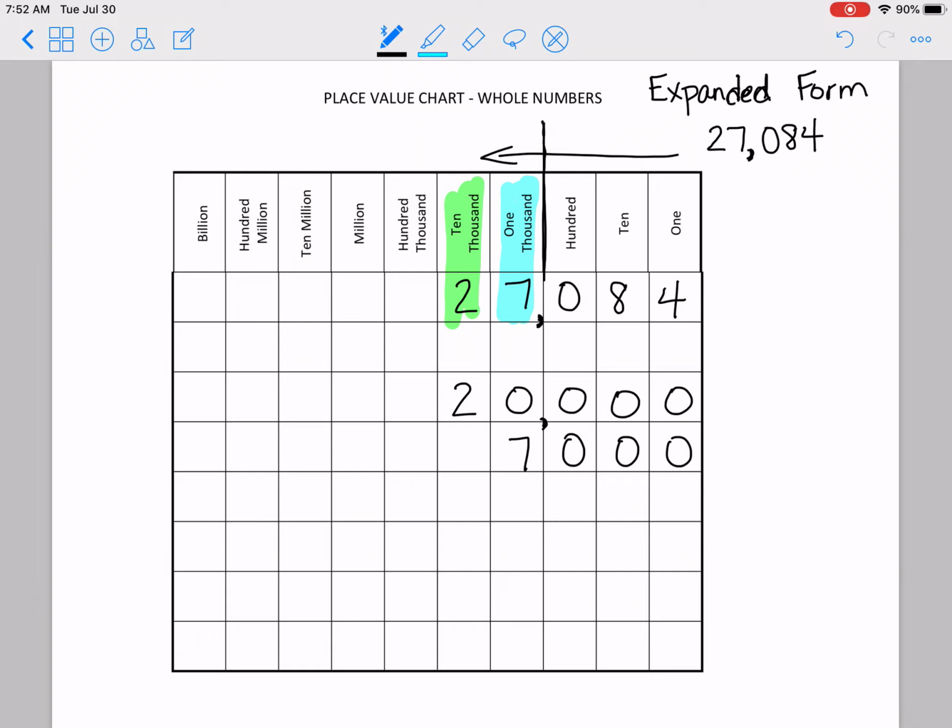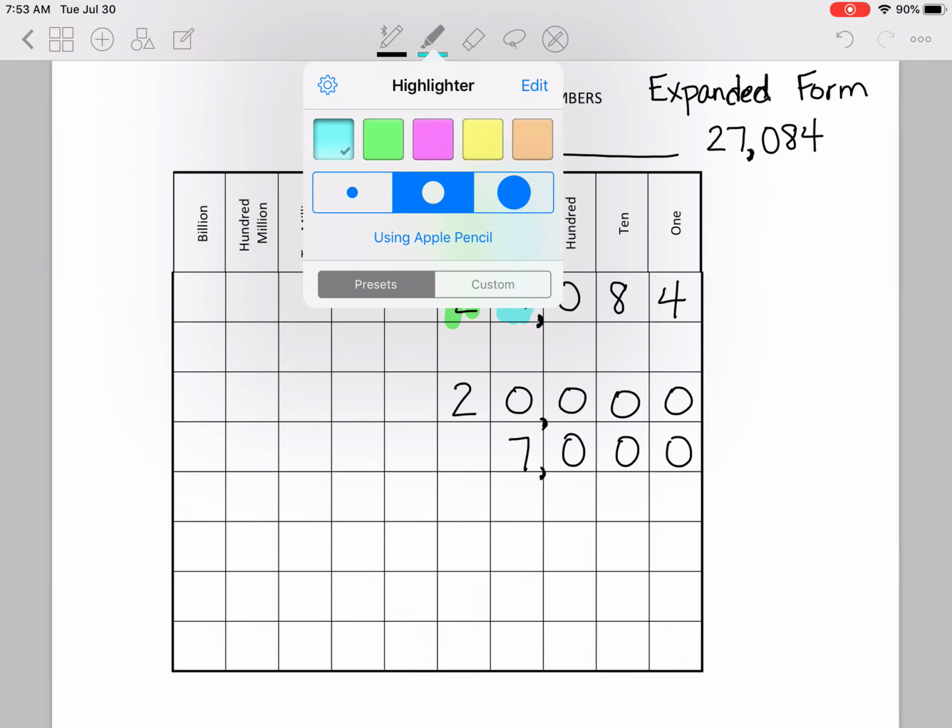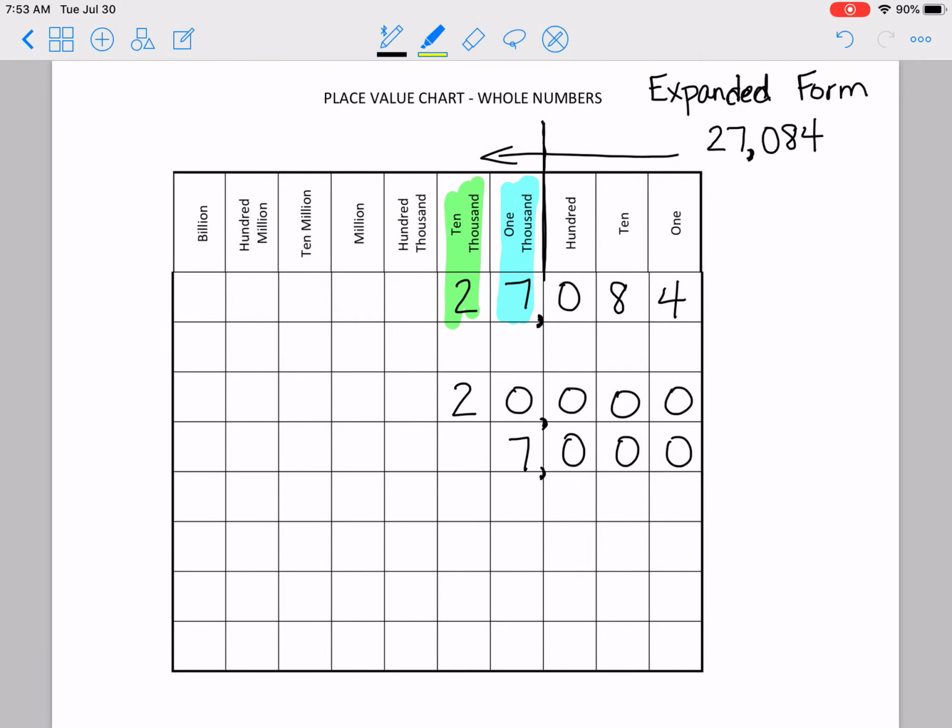Again, I'm going to make sure I have those commas in there. The next digit that I'm going to look at is my 0 in the hundreds place. Well, that just means I don't have any hundreds. I have 0 hundreds.